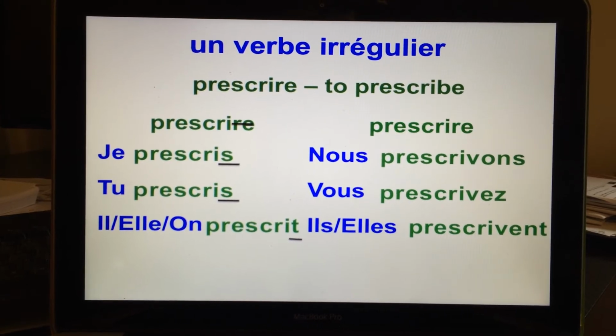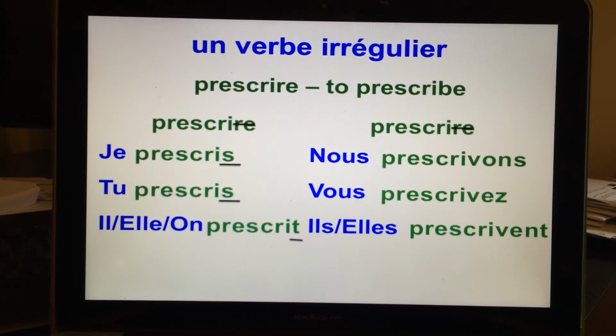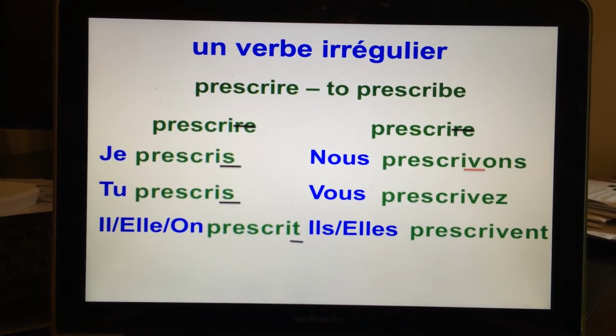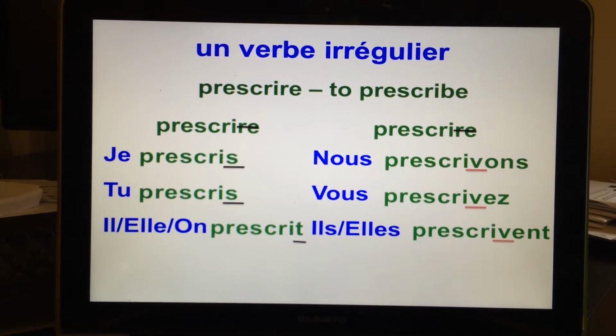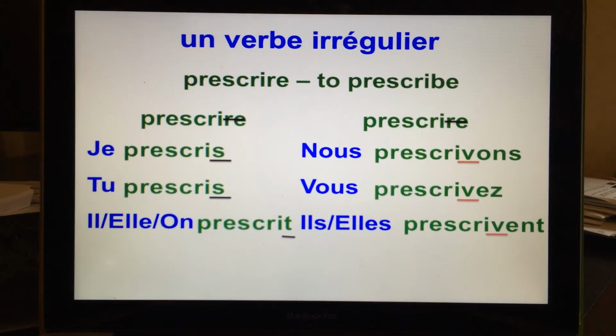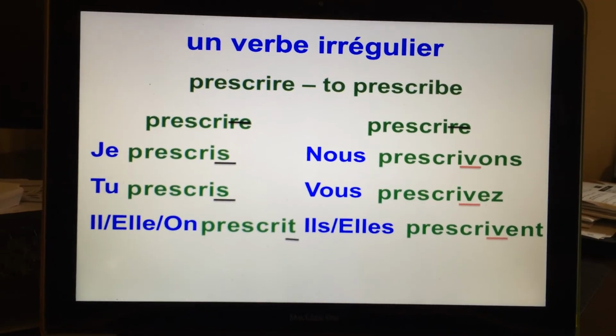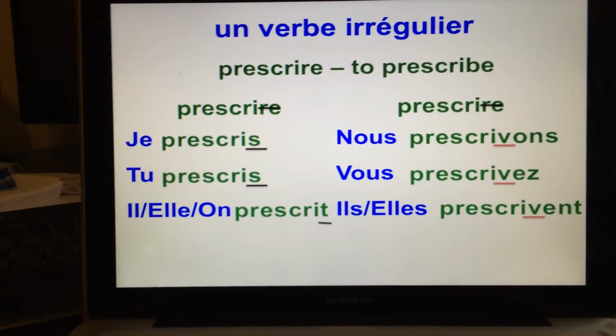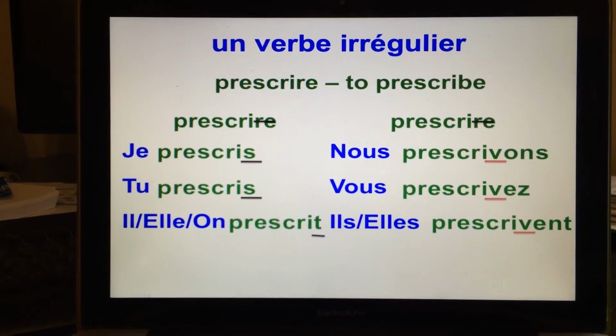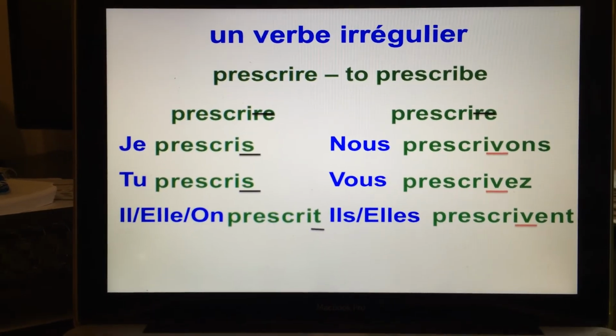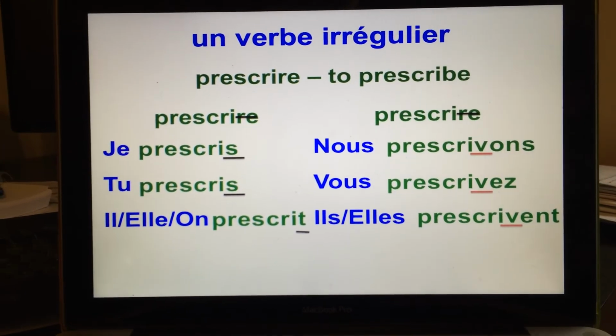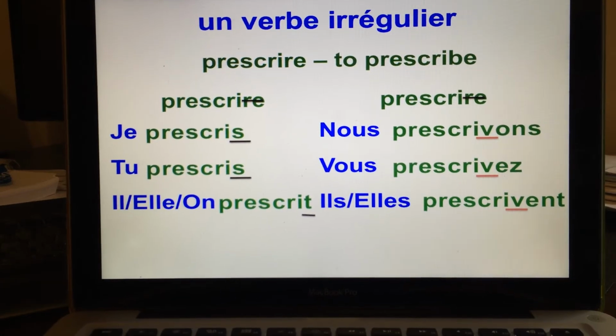Now on the right side of the table, if you think about chopping off the RE, the only thing that's a little different is we have this V there after the I. So our stem is prescriv, and then we have what look like regular ER verb endings, ONS, EZ, ENT. Hit pause, take a moment to copy this one down, and when you're done, hit play, and we'll do another one.